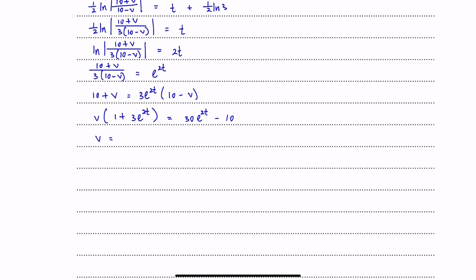So v would be 10 times 3e to the 2t minus 1 over 3e to the 2t plus 1. So this would be our velocity expression.